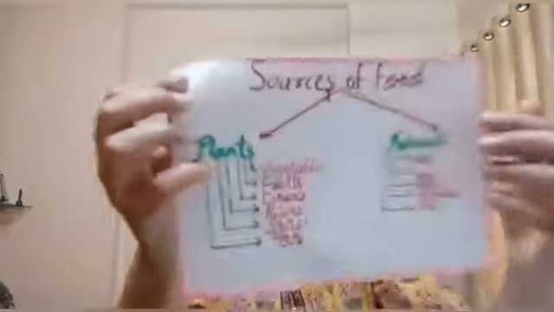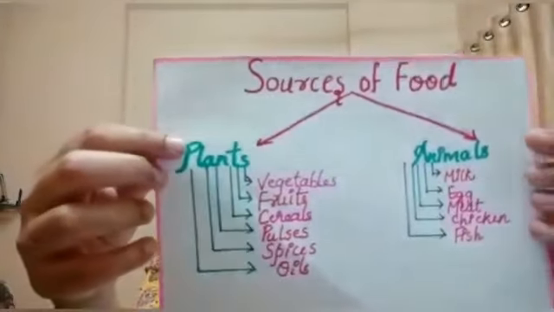Yeah? So next topic is, what are the sources of food? Where do we get food from? There are 2 main sources of food. I'm sure everybody knows this. Plant sources and animal sources. What do we get from plants? From plants we get vegetables, fruits, cereals, pulses, oils, spices, etc. From animals, what do we get?